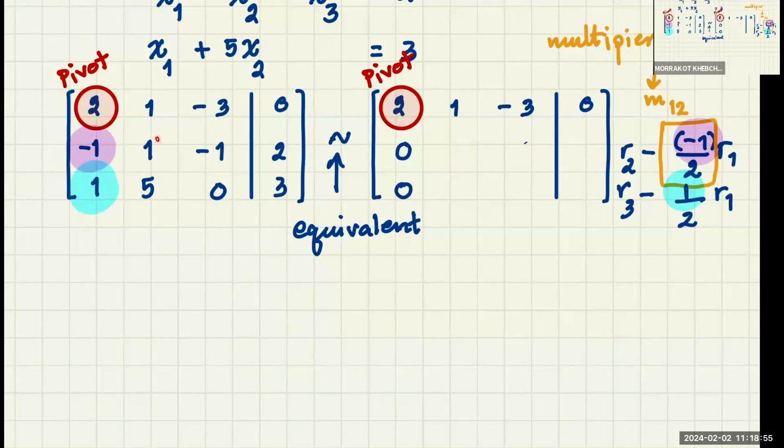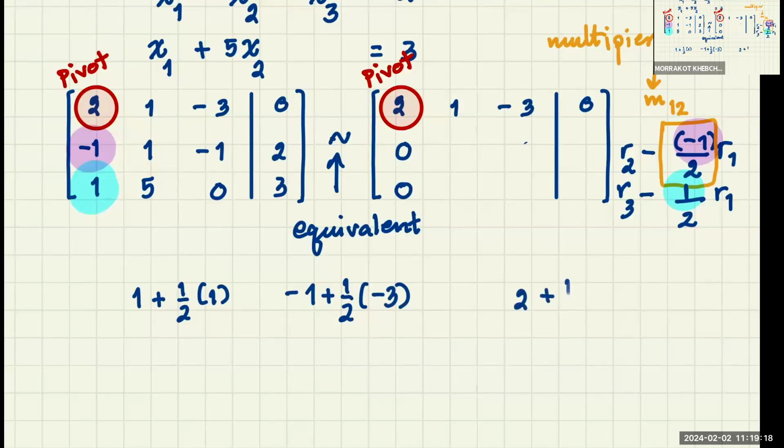We will take 1 plus 1 over 2 times 1, and -1 plus 1 over 2 times -3, and 2 plus 1 over 2 times 0.